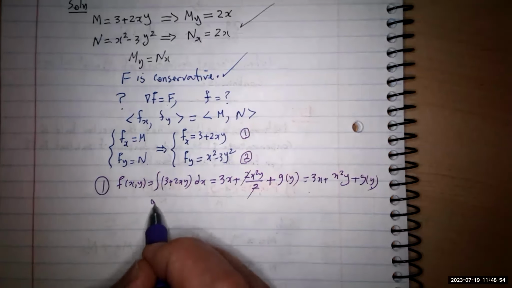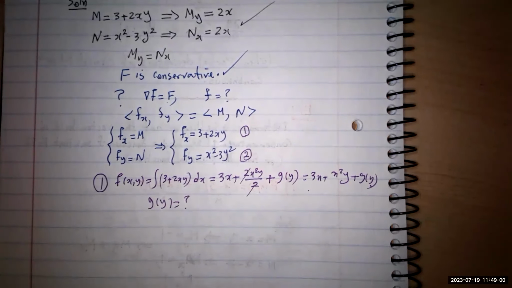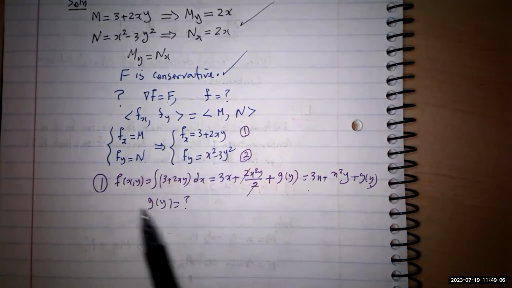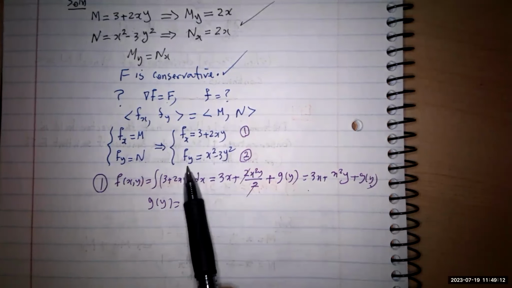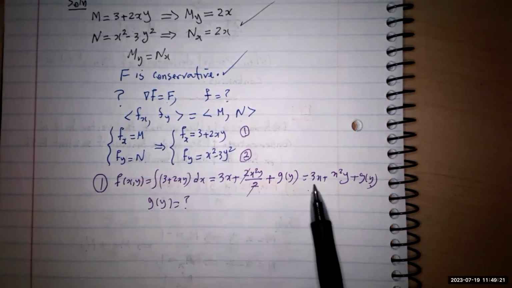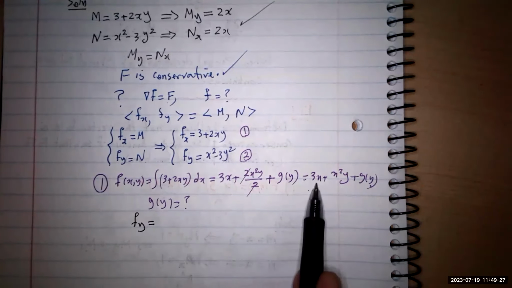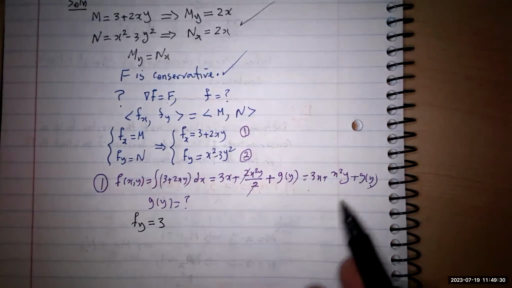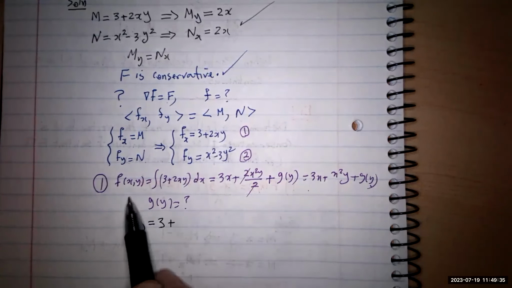So the next question is, what is g of y? Any question? To get g of y, we are going to use the second equation. This is so far the f function, so we differentiate it to find f sub y, and then we put f sub y here. I differentiate this one with respect to y. The derivative of 3x with respect to y would be 0.